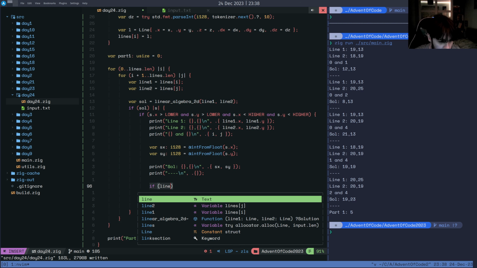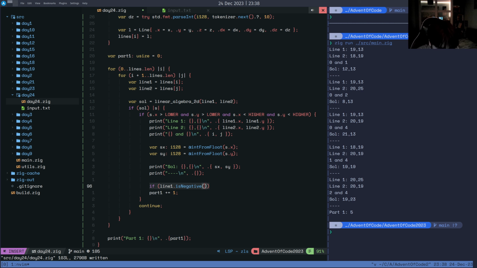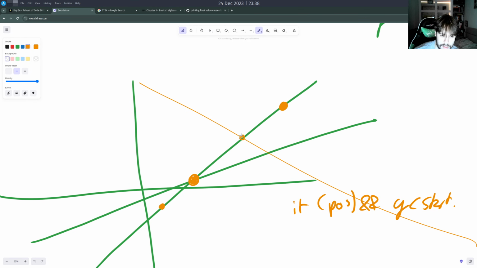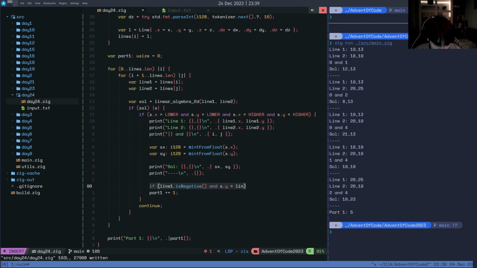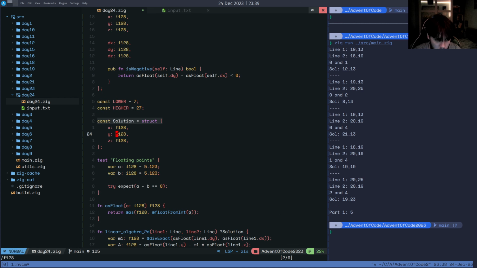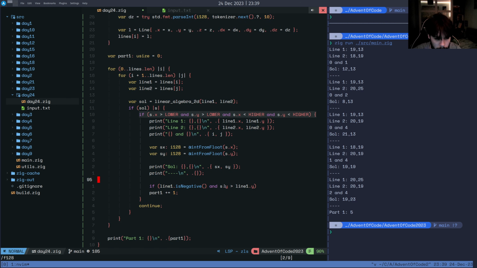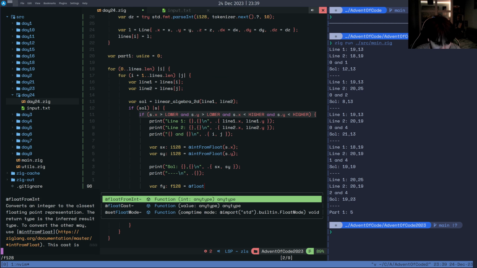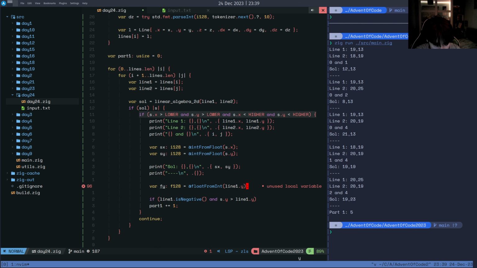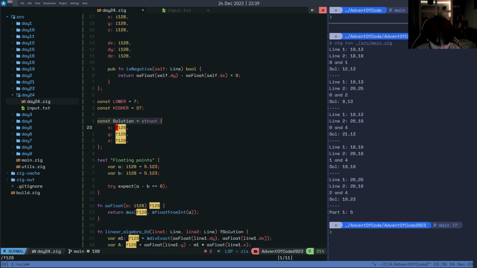Okay, so if line 1 dot is negative and s dot y, if it is negative, right, so if it's like this and the start point is here and the solution is here and the solution is bigger than line 1 dot y, the fy, which is an f128, which is at float from int line 1 dot y.